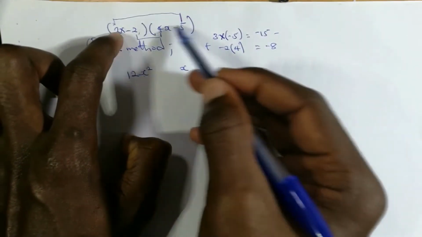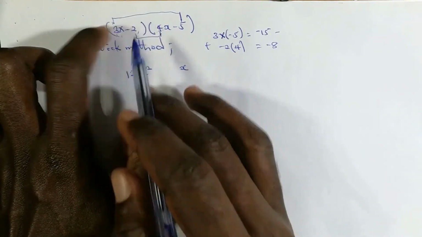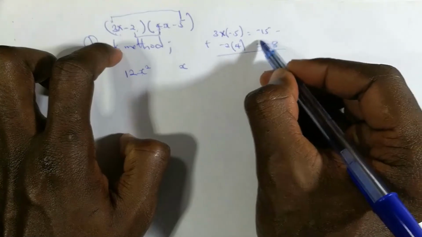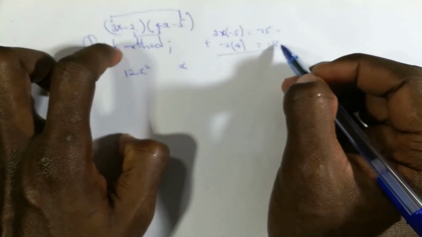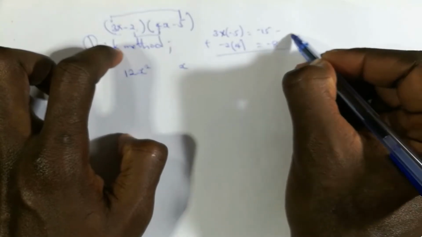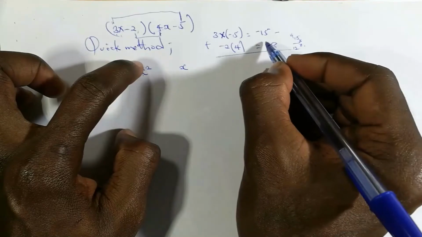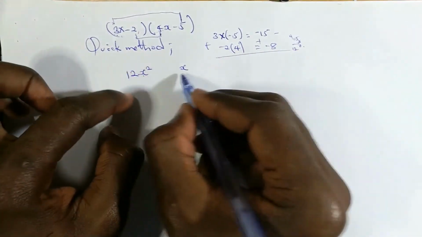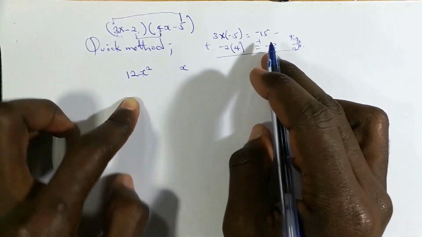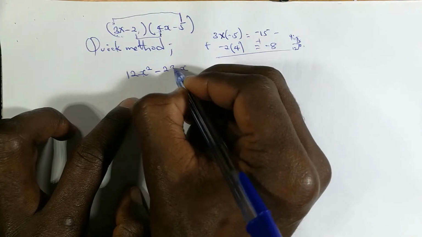That's why we are adding them: -15 plus -8, which is -23.